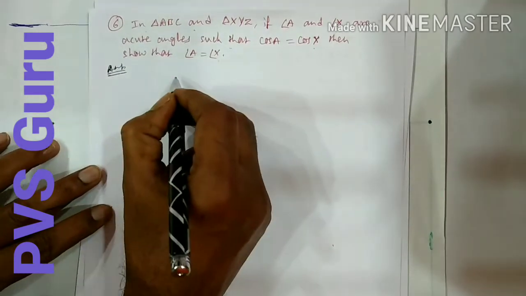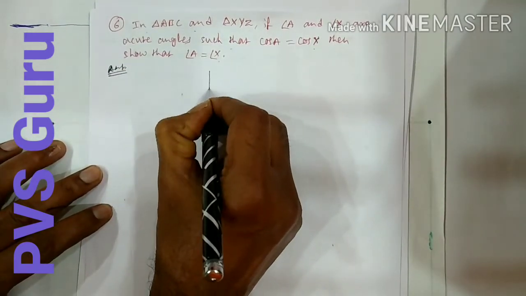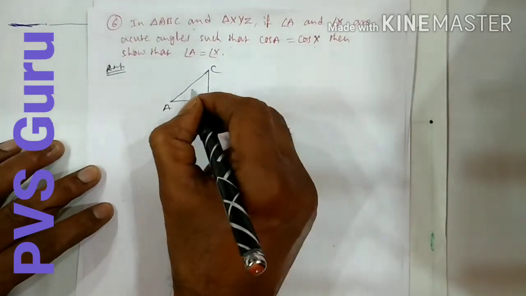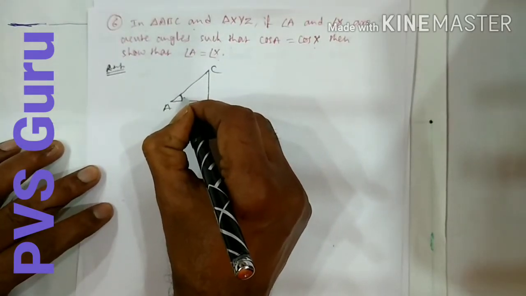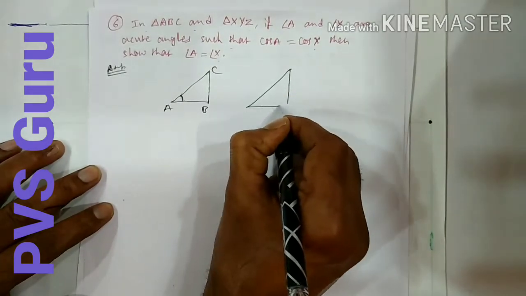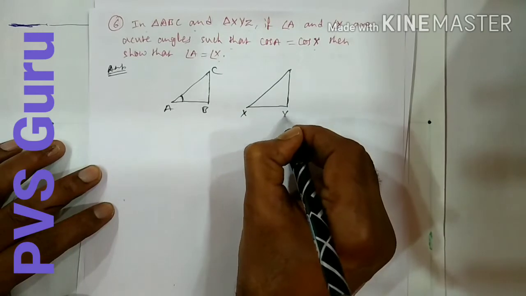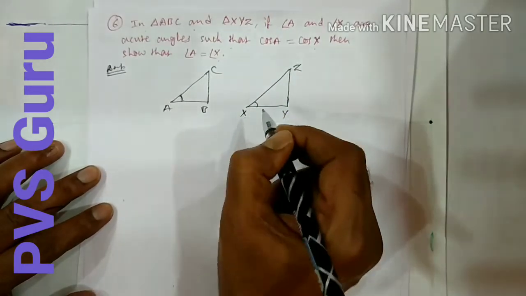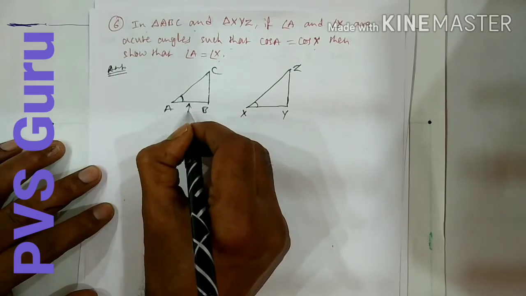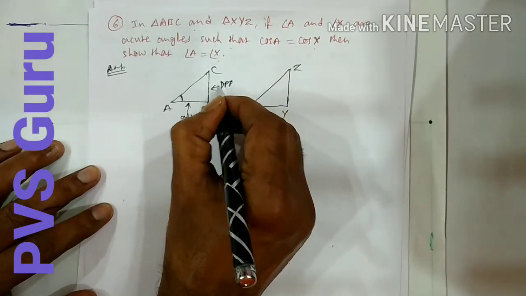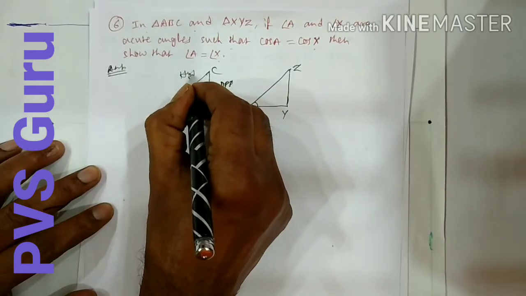So the answer is, first you draw the two triangles. ABC is one triangle with acute angle A, and XYZ is another triangle with acute angle X. Here this is the adjacent side, this is the opposite side, this is the hypotenuse.